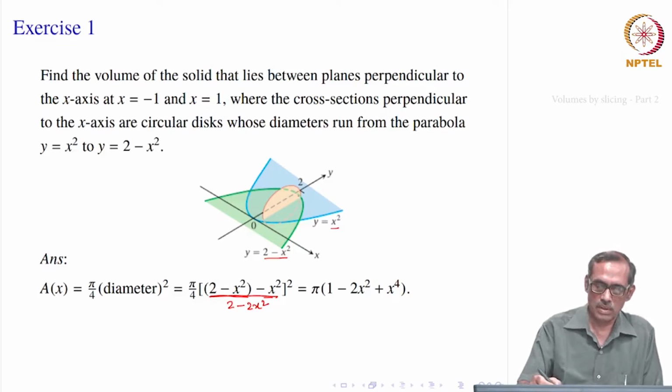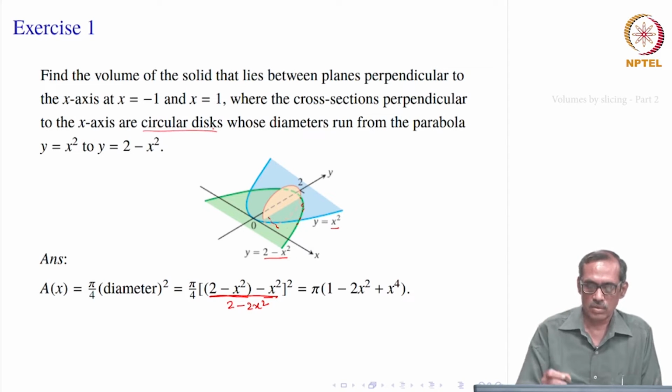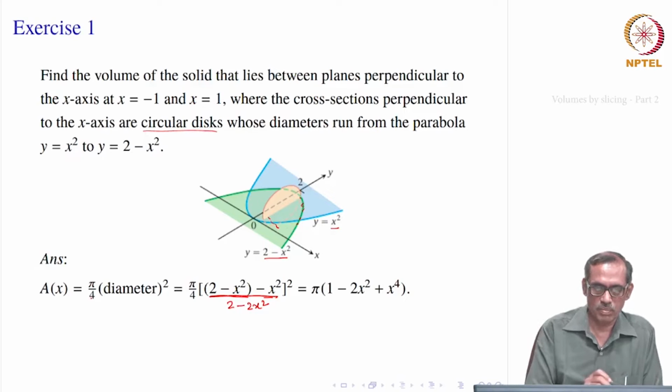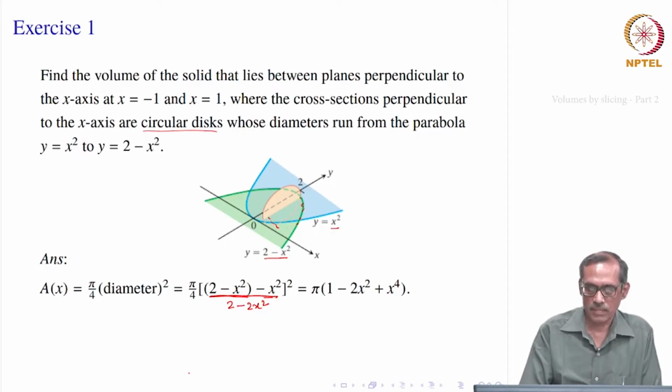So, it is really a circle going below also, that is the cross sectional area, it is a circular disc. So, the area of that disc, which is the cross sectional area, will be equal to pi into diameter square, right. But we are taking only half of that here.